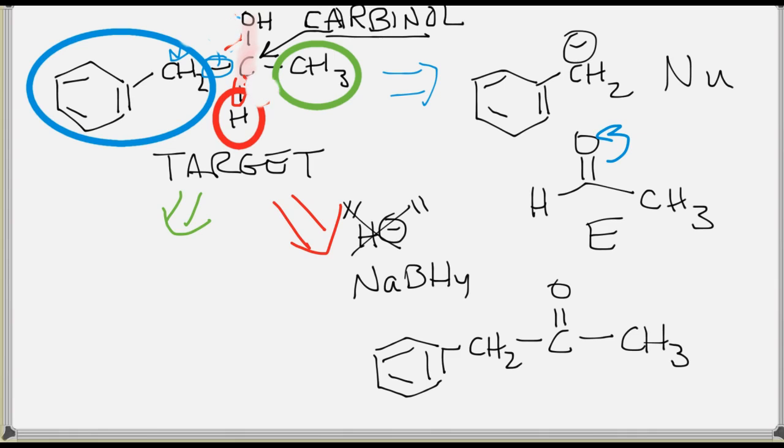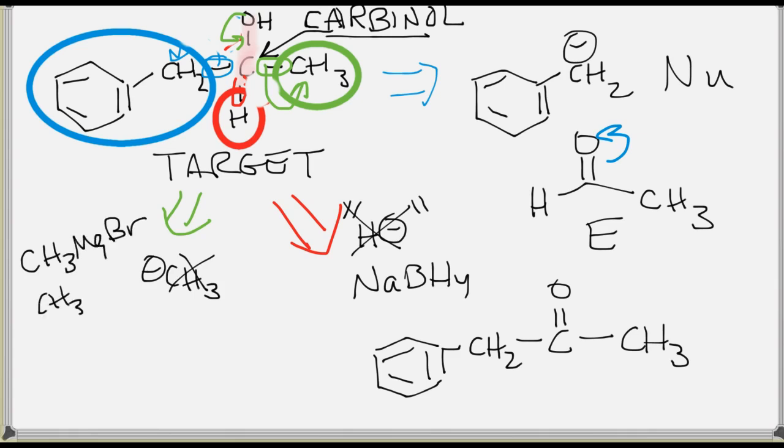Now I'm going to push the lone pair back in, break that bond, and give that pair of electrons to the methyl group. So that means I'm going to be adding CH3 minus, which of course is not what we're really adding. We're going to add CH3MgBr, the Grignard, or CH3Li. Those are the real reagents we'd use. And what would we add them to? Well, again, the blue group is still stuck on.